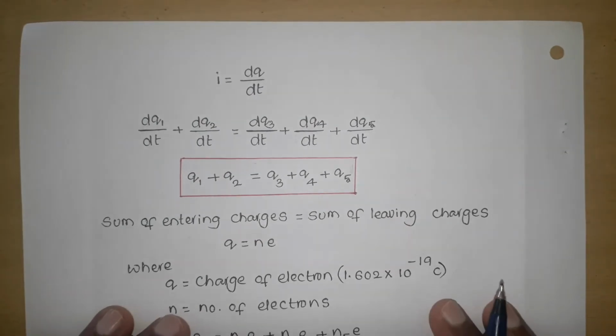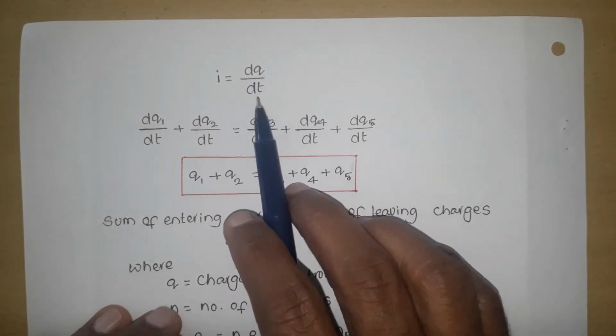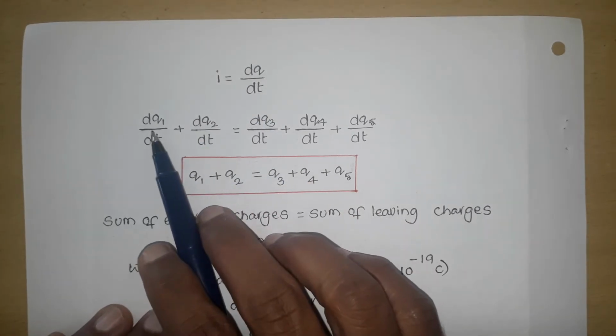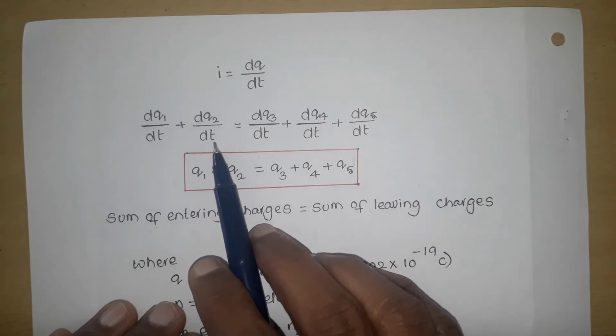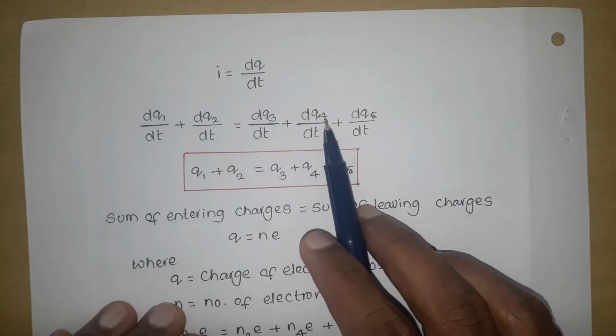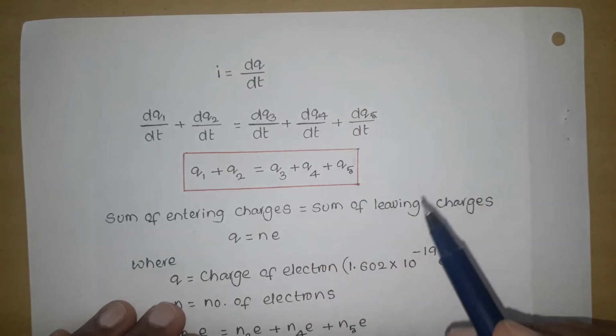Similarly, if you write currents as the rate of change of charge, because I equals dq by dt, I1 can be written as dq1 by dt, I2 as dq2 by dt, I3 as dq3 by dt, I4 as dq4 by dt, and I5 as dq5 by dt.